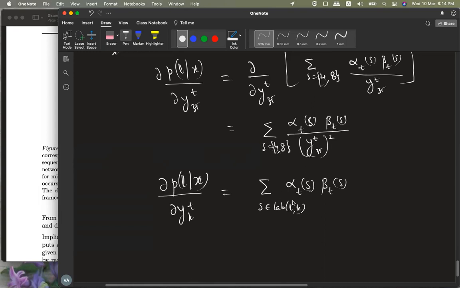Means all those from l, I can compute the l dash, and wherever those l dash are equal to k, all those indices I take, and from that array I use all the terms to sum over these things, and 1 upon y_k^t whole square. That's it. So in this way I will compute in general for any particular k.